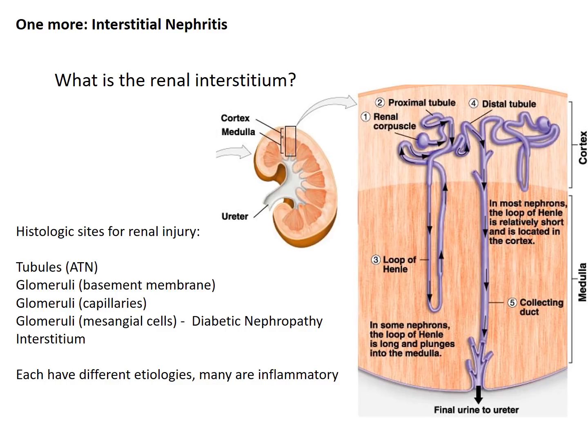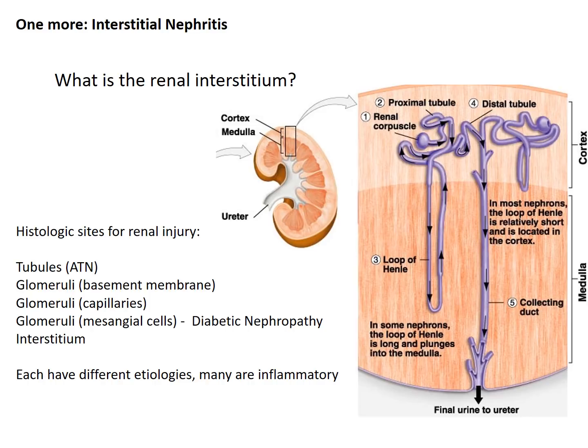So we've talked about ATN as damage to tubules. We talked about damage to the glomeruli due to inflammation in the basement membrane, but there are other ways to damage the kidneys with inflammation. You can develop inflammation in the interstitium, interstitial nephritis.